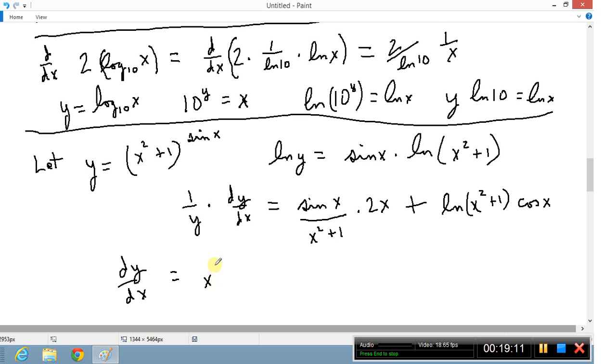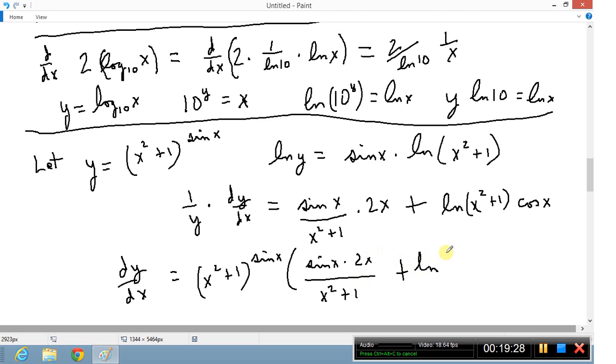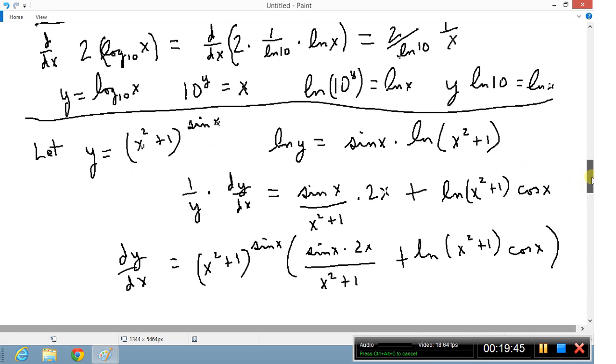So that's x squared plus 1 to the sine x power times that horrible mess, sine x times 2x over x squared plus 1 plus log x squared plus 1 cosine of x. Just a quick reality check. The derivative of any exponential function is going to be that exponential function back again times some other stuff. So that is what we're getting, so it works.